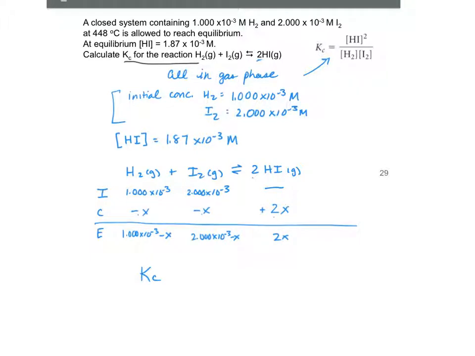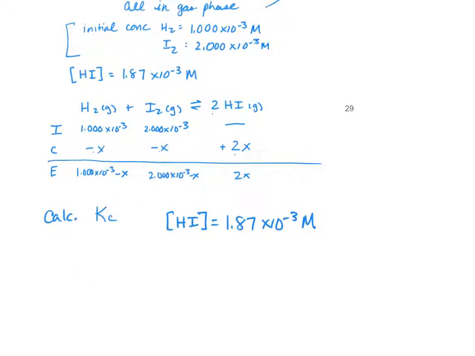We were given one other additional piece of information, and that is that the concentration of HI at equilibrium is equal to 1.87 times 10 to the minus 3 molar. We know from our ICE table that the concentration of HI is equal to 2x. So we can set this value, 1.87 times 10 to the minus 3, equal to 2x.